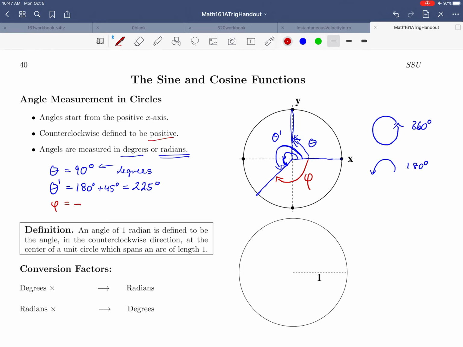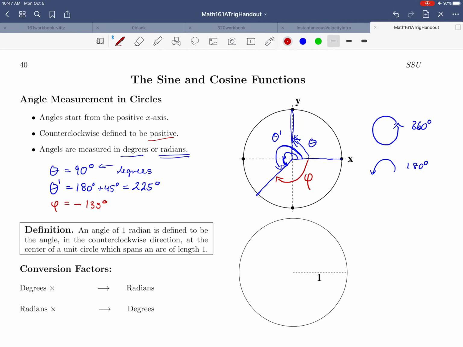So how far is it? It's 90 degrees plus 45, so that is minus 135 degrees. So that's degrees, 360 around one full circle.